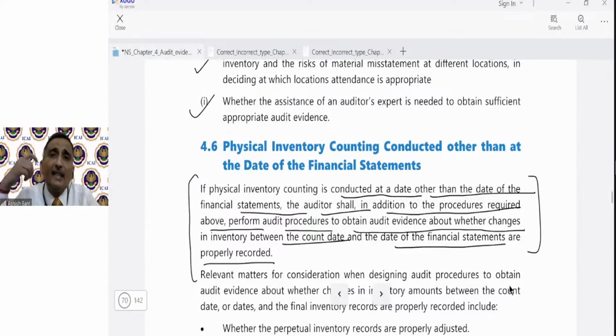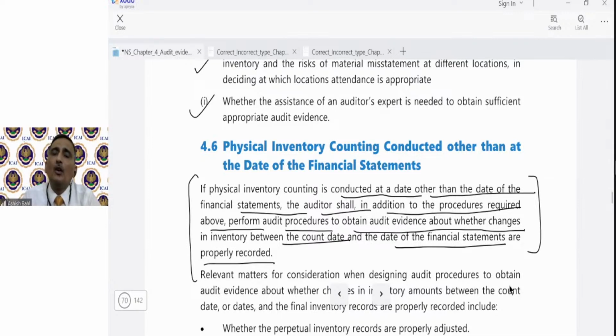Say, students, it so happens that the auditor is not able to attend the inventory count as on 31st March. Okay, so due to some reason, practical difficulty, he attends the inventory count on 10th April.